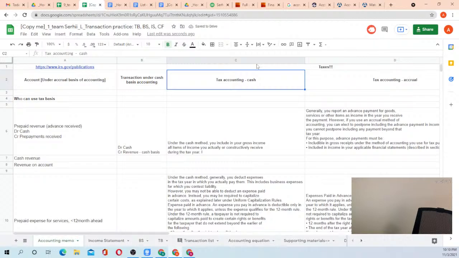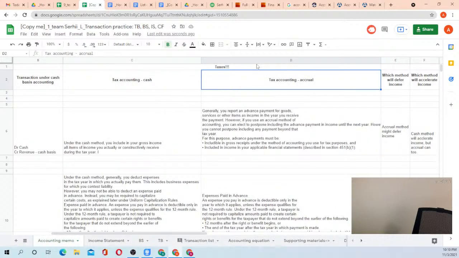And under taxes, if you are a small business, usually less than 25 million average turnover for 3 years, but with some other exceptions as well, you have a choice to use a tax basis based on cash accounting or accrual basis accounting.